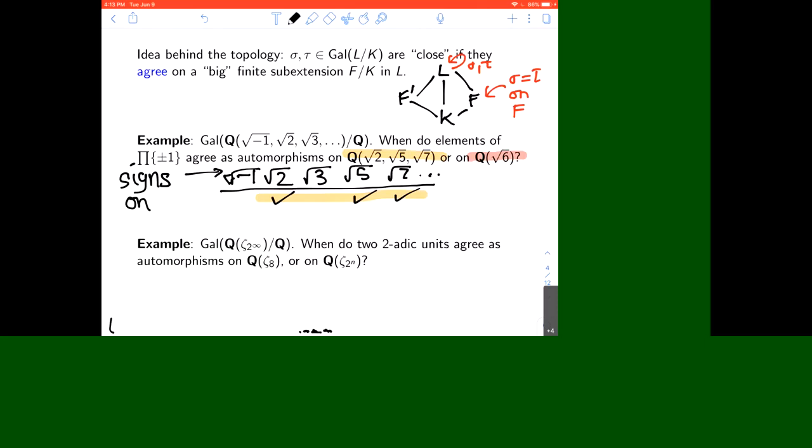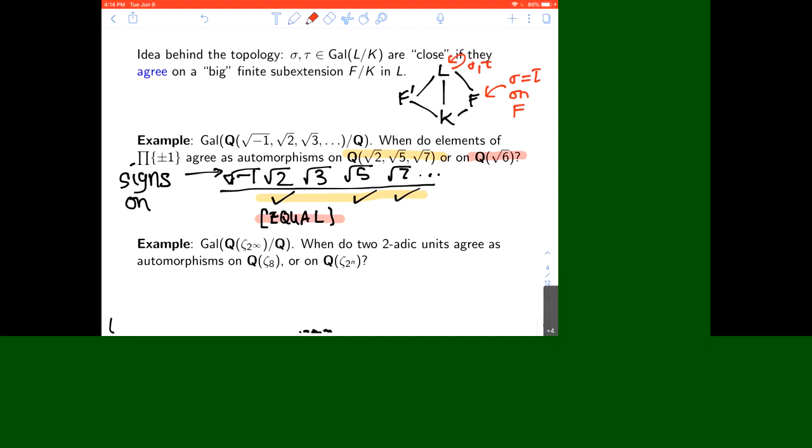So you have to have the same sign on square root of 2 and square root of 3. As long as you have the same sign, that's a condition, and you don't care what happens anywhere else. And so that's the constraint that's imposed for being equal on that field.